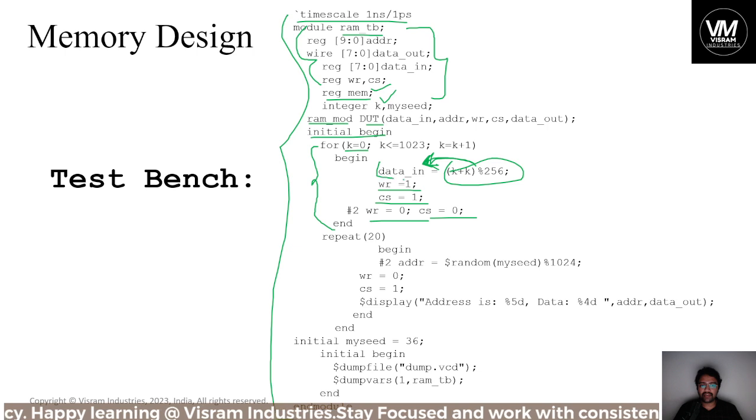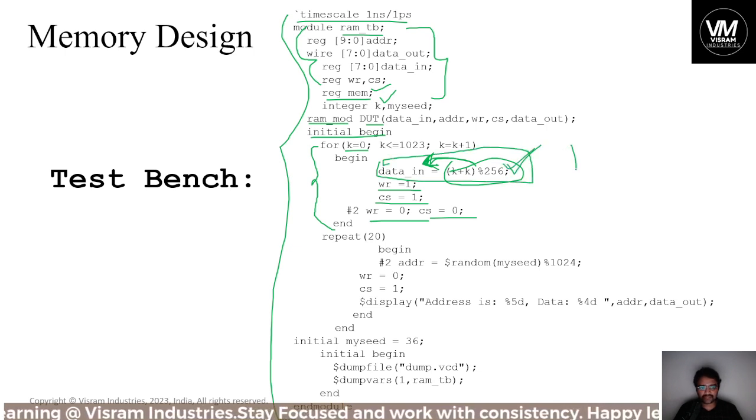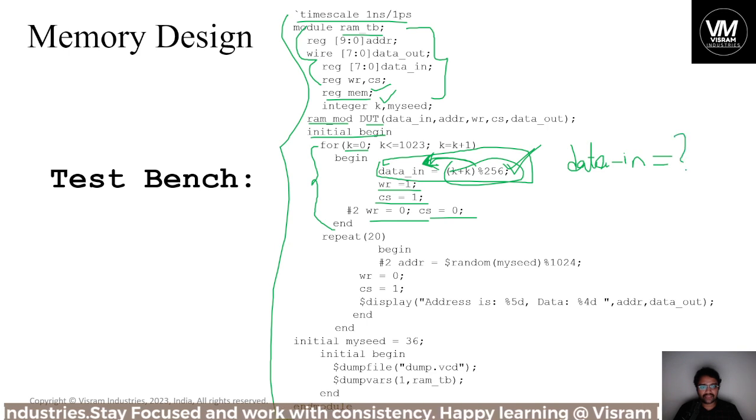So now you have data. After this operation, data in has some information. Else end. And now that k is used again. Where are we using it in the data in? For every 1023 locations, you will be using the data in. And repeat this process 20 times.